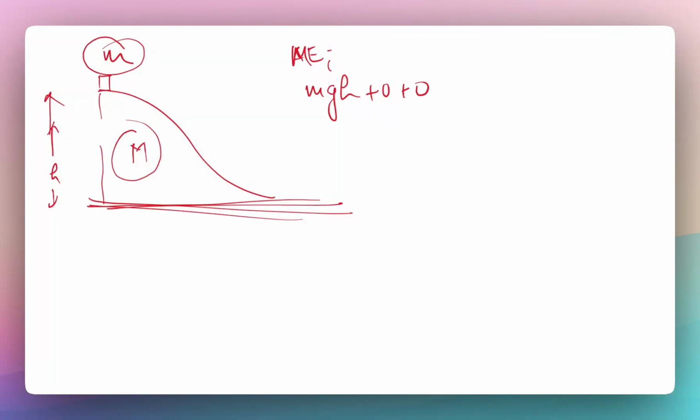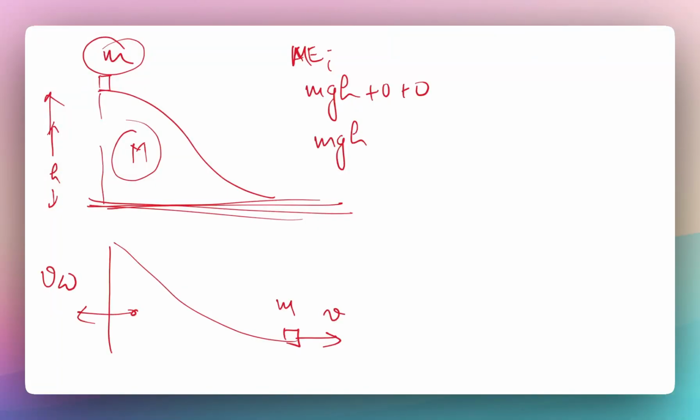So my initial mechanical energy is mgh. Finally, when the block is down by height h, it is moving with a velocity v, and the wedge is moving with a velocity v wedge towards the left. What is the final mechanical energy of the system?